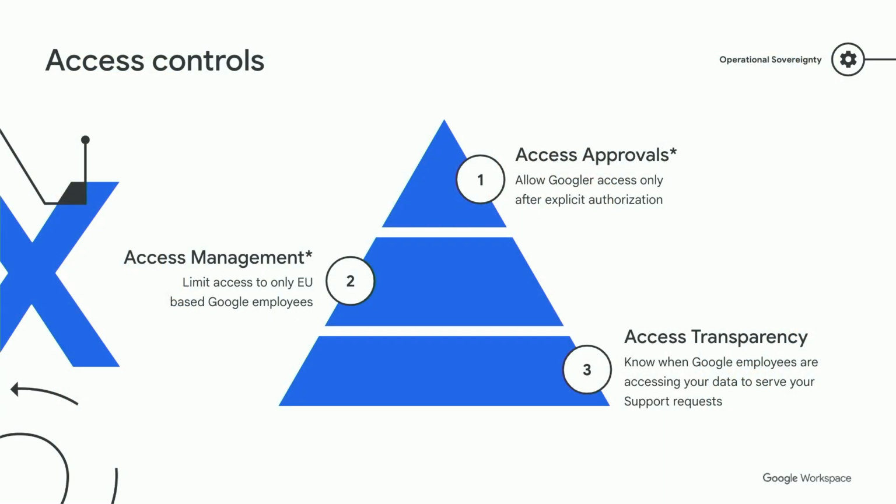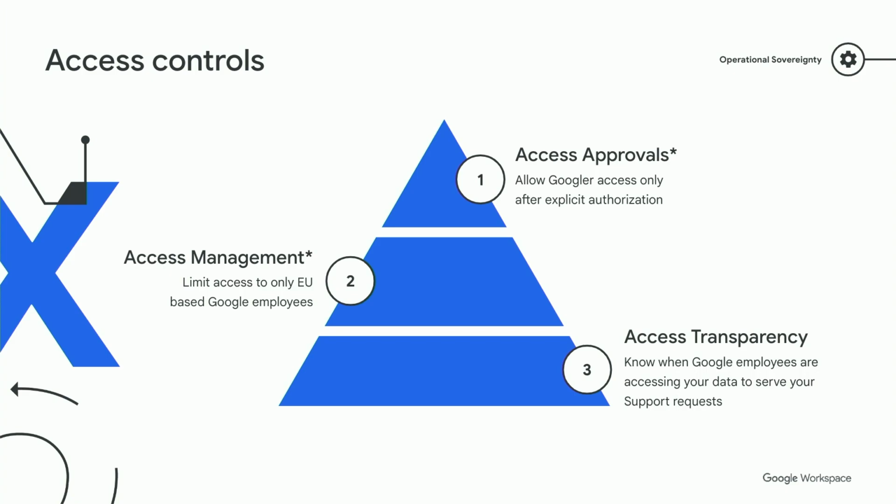When using any cloud-based service, organizations need full visibility and control over all forms of cloud provider administrative access to their systems. To meet these operational sovereignty requirements, we've built out our access controls offering.